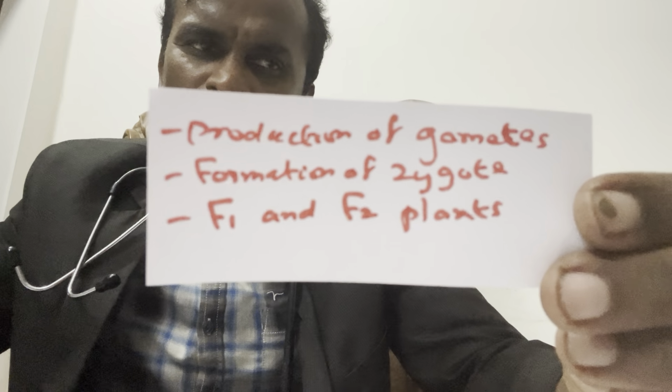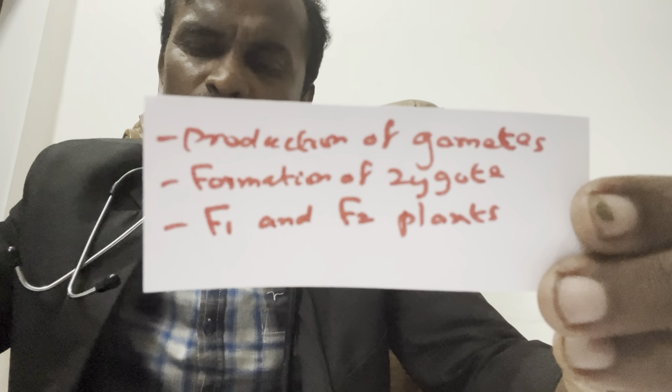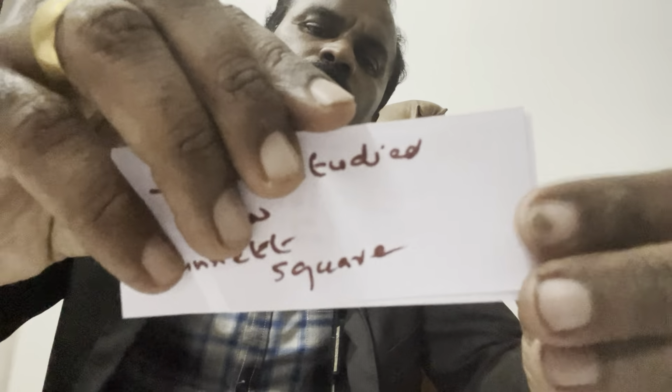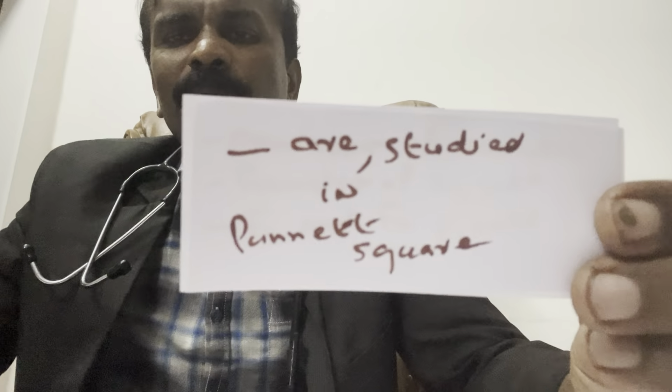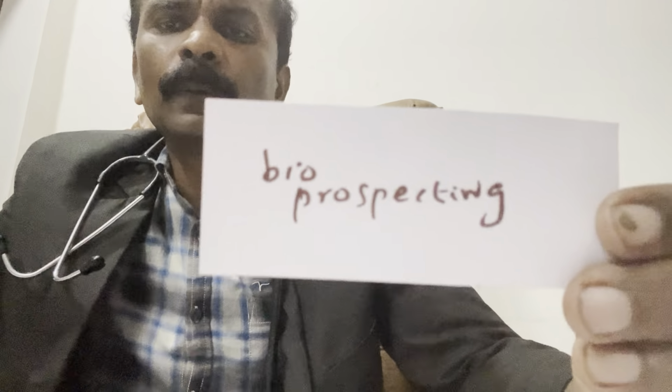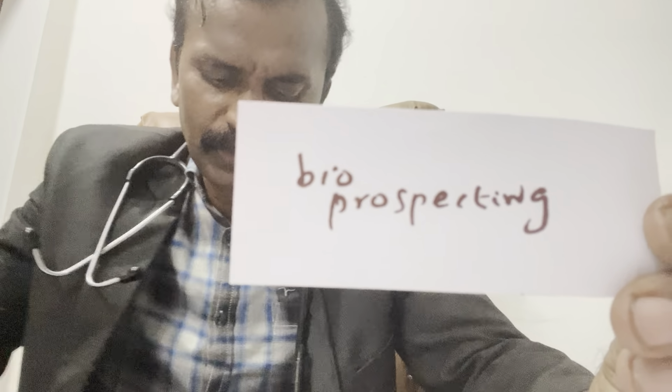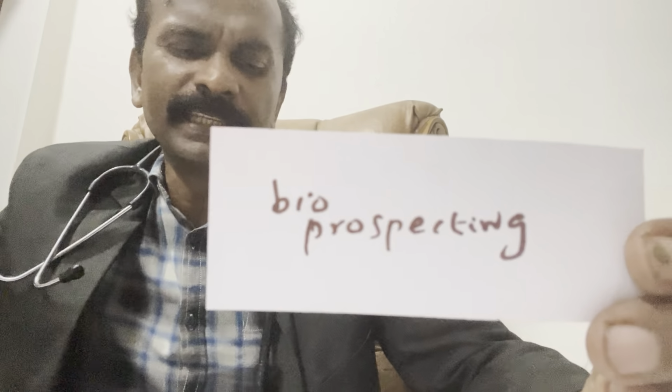So you forgot. This is a standard MCQ. Punnett square. This is also an MCQ only. Bioprospecting means what? This is also an old MCQ. Bioprospecting. Any idea?